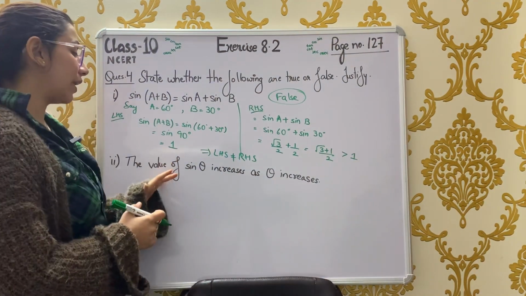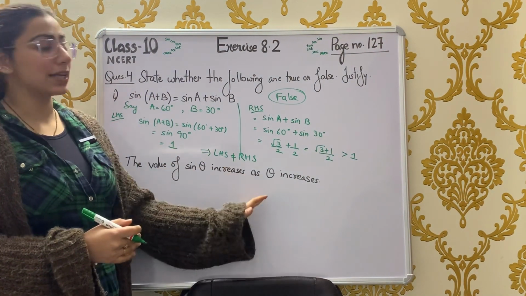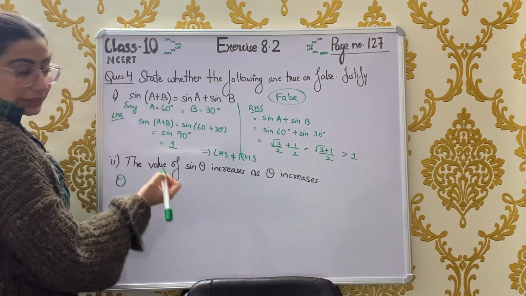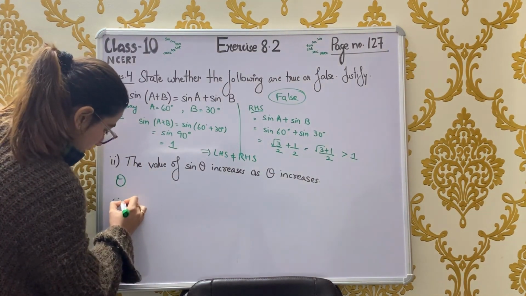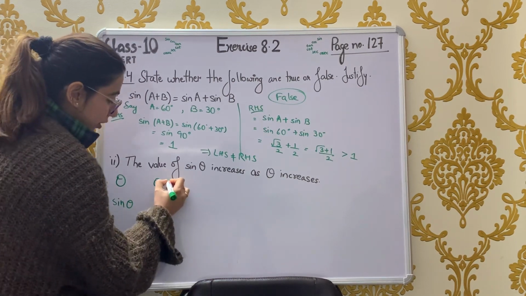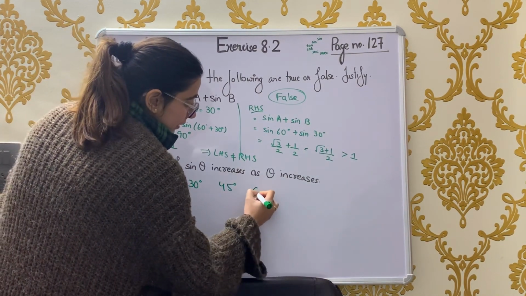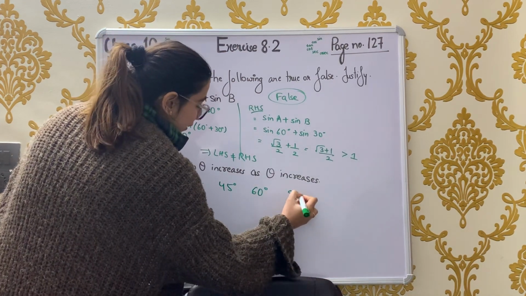The second part says that the value of sin theta increases as theta increases. So let's compare the value of theta and sin theta. Theta is going to be 0, 30 degrees, 45, 60 degrees and 90 degrees.